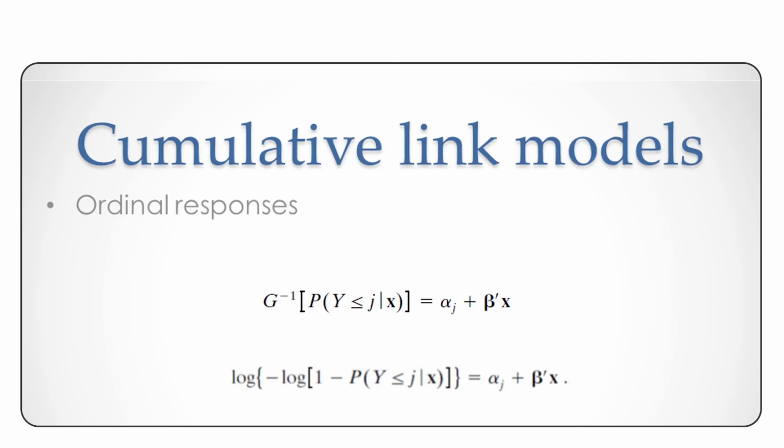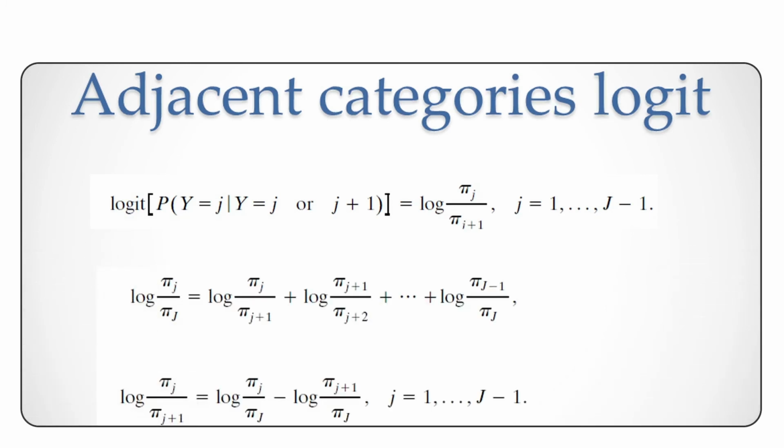There are some competing models, one of which is popularly used and is called the adjacent categories model. Here, instead of modeling the event y less than or equal to j as opposed to y greater than j, we model the logit of the probability of y lying in category j, given that it lies either within category j or category j plus 1.